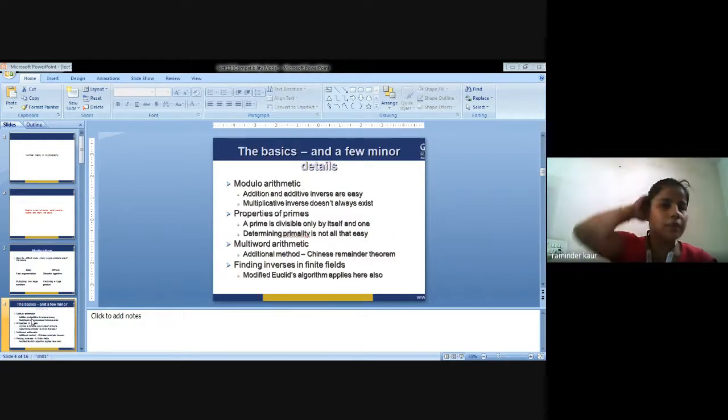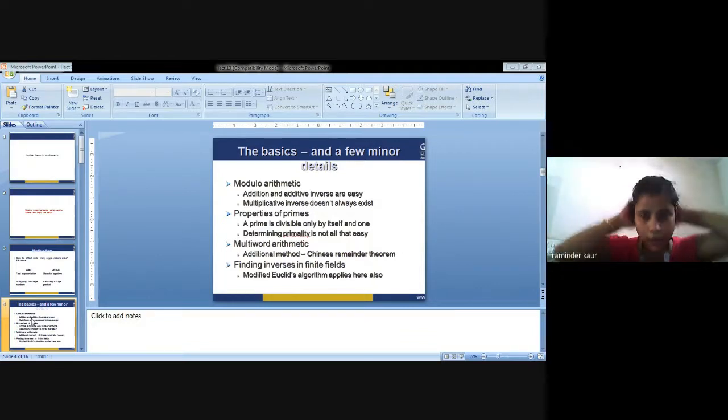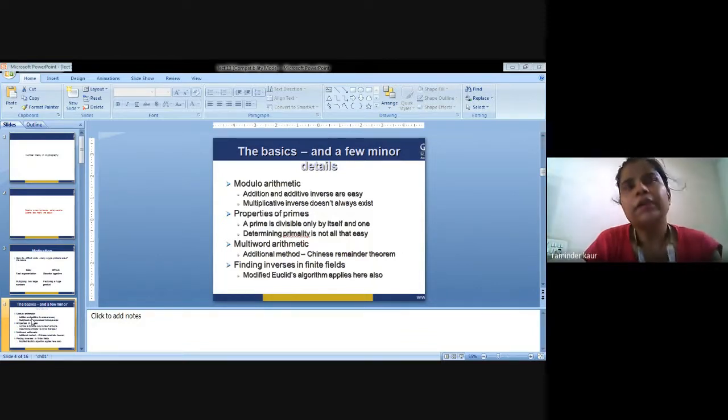Next are the basics and a few minor details. First is modulo arithmetic that we have discussed in, I think, DES and AES. Arithmetic, as the name implies, is plus, minus, division, subtraction, multiplication. But with modulo, with the help of the modulus, we calculate the modulus of a particular term.